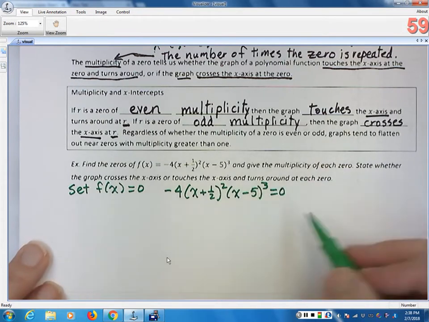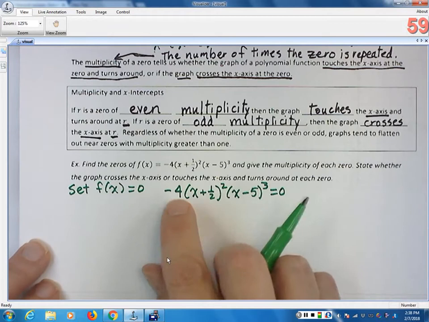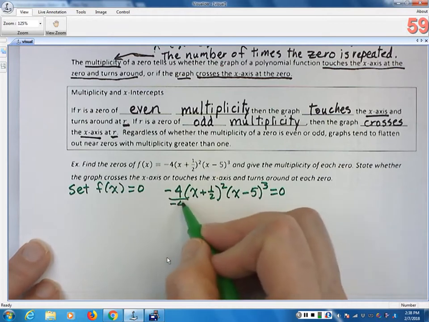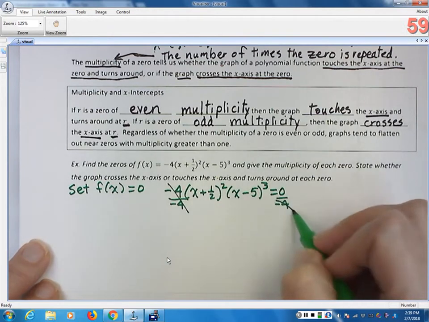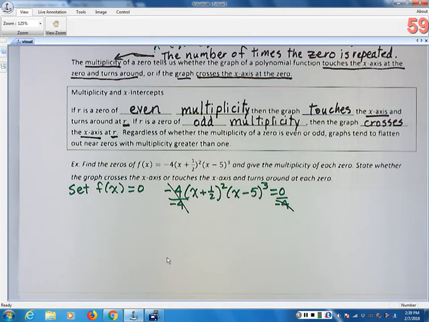So we set our factors to 0. We can divide the negative 4 out. It goes away because it's just a constant. If it was a negative 4x, we could divide the negative 4 out, but not the x. We would have a 0 at x, but it's just a negative 4, so that doesn't affect it. Negative 4 is not a 0.